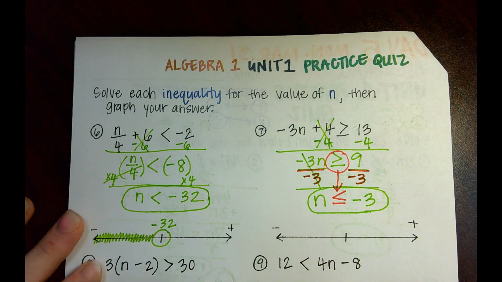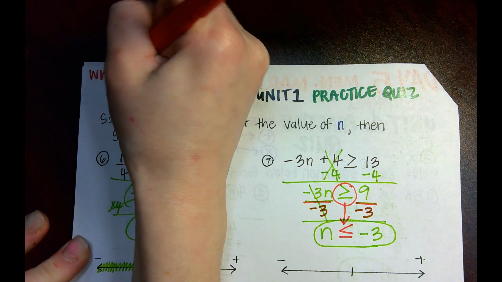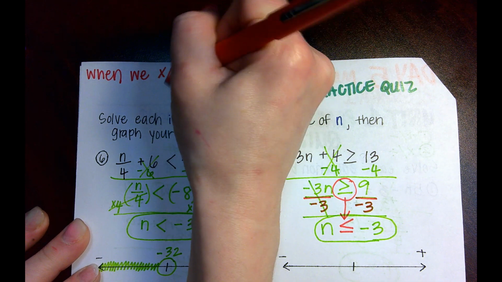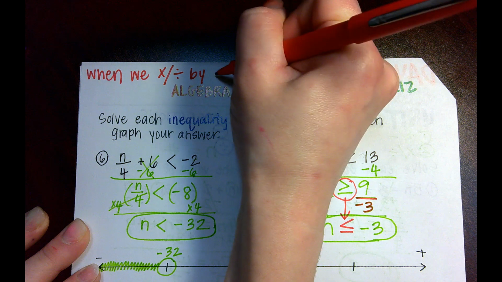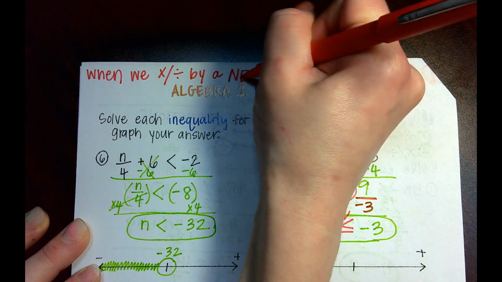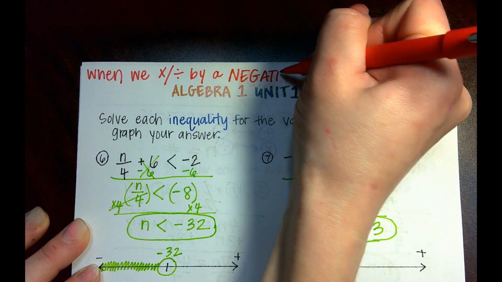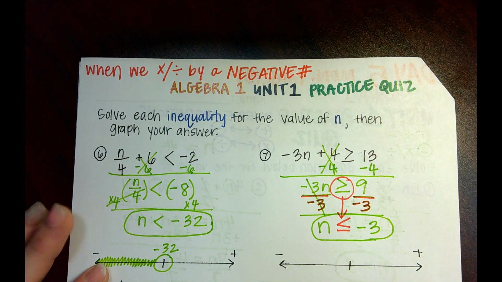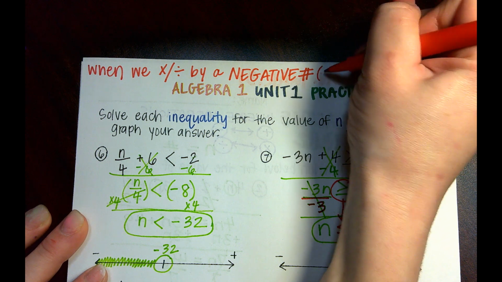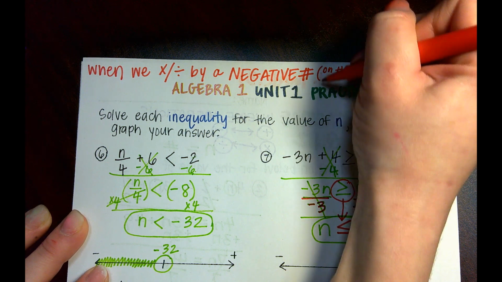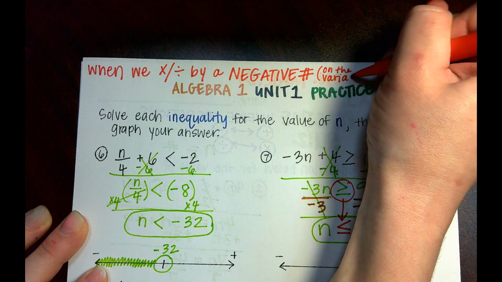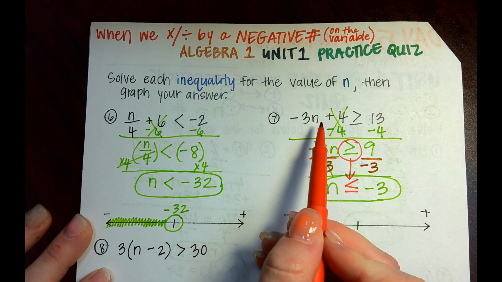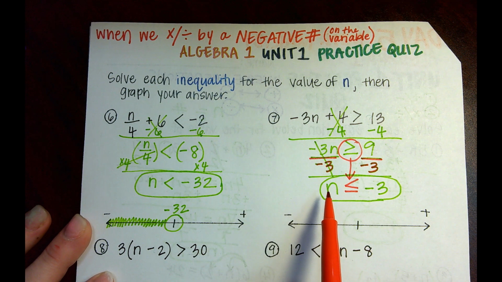When we multiply or divide by a negative number, I'm going to say on the variable, because what really happened and why we had to flip the sign is that we started with negative n and now it's positive n.